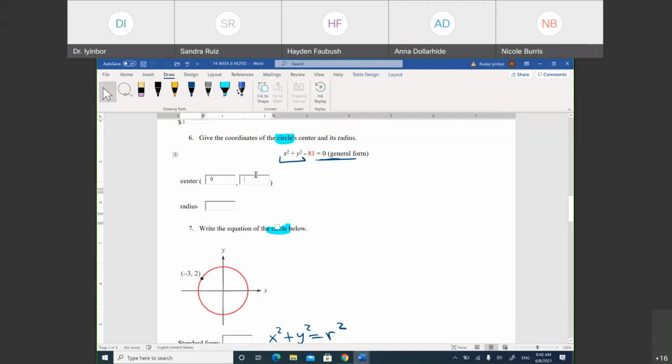And what is the radius? You're going to get the radius from the number. So we have r squared equals 81. What is r? A number times itself is 81. What is r? 9. That's it. Everybody understanding this?